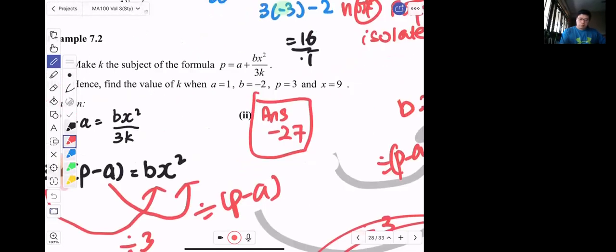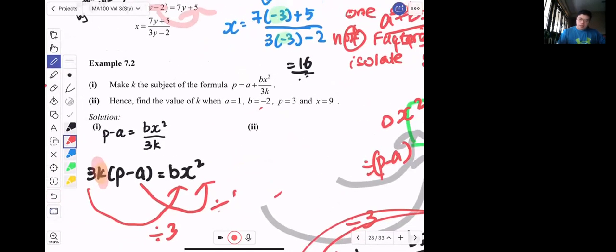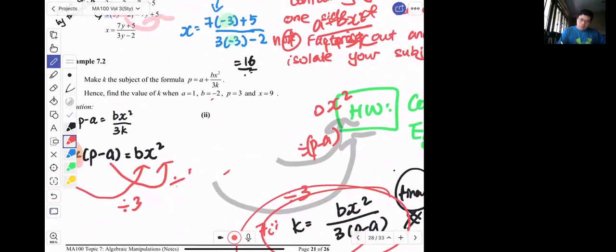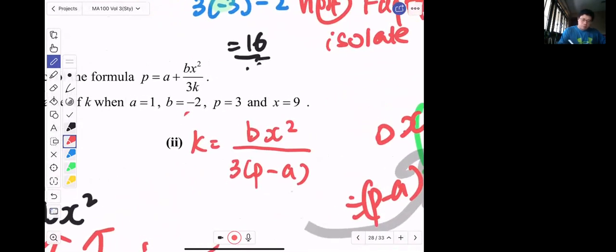From part one, we know that k equals bx square over 3 bracket p minus a. So b you replace with minus 2, and x you replace with 9.